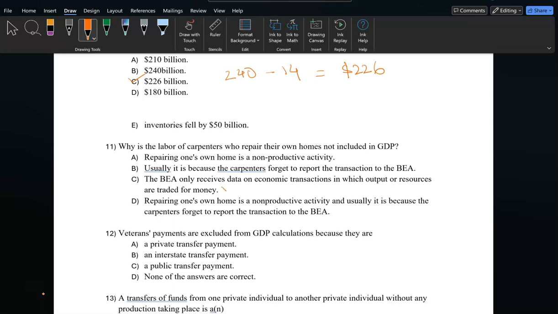So the answer is C, because the Bureau of Economic Analysis only receives data on economic transactions in which output or resources are traded for money. These are productive services, but they do not take place in a market and no money exchanges hands. That's why it's not included as part of GDP calculation.